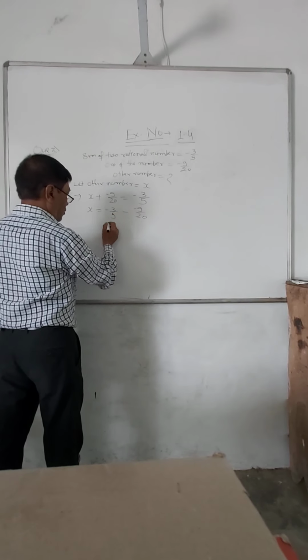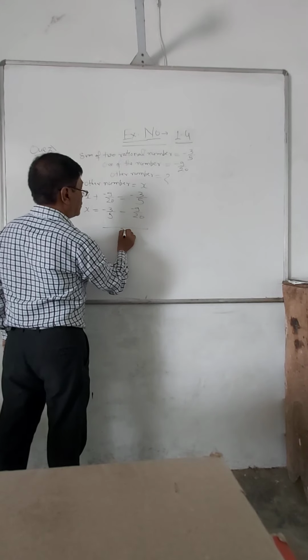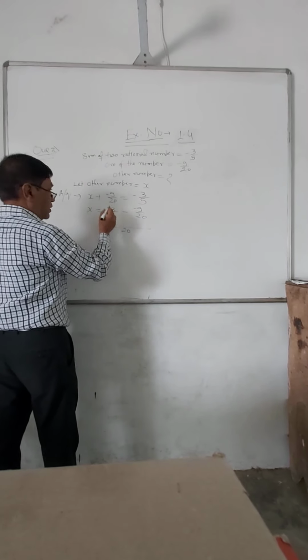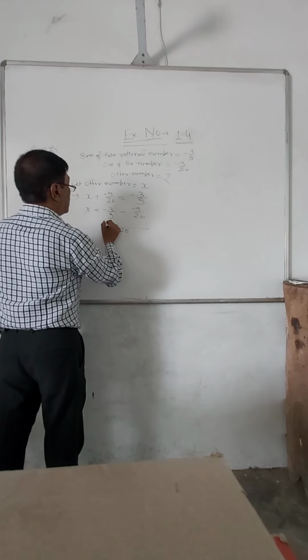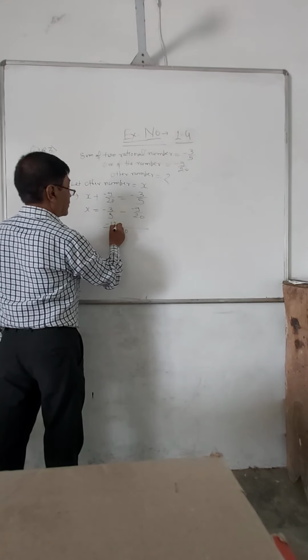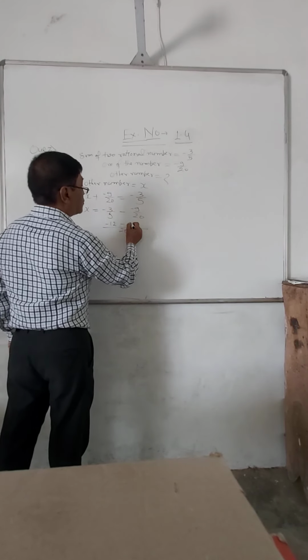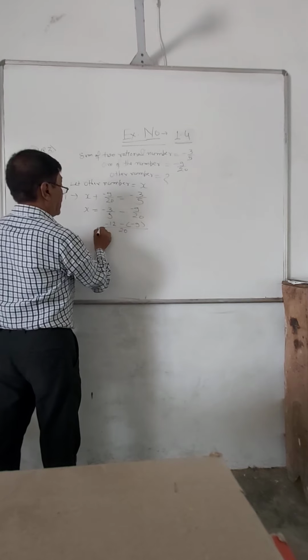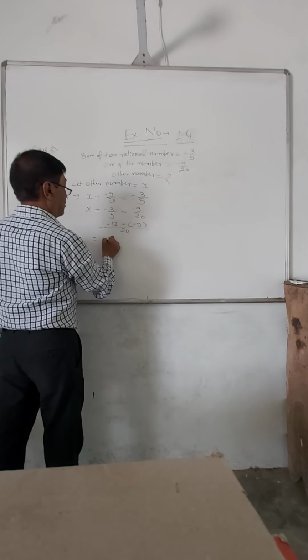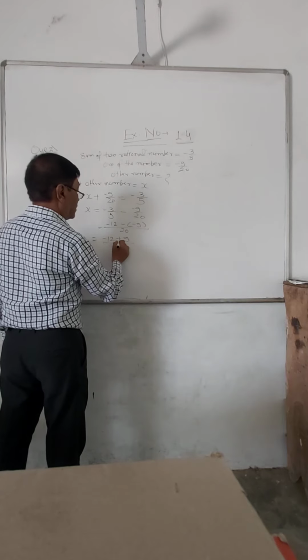So take the LCM of 5 and 20. 5 times 4 gets 20. 4 into minus 3 is minus 12. Minus, now 1 times 20, so here it is minus 9. Again solve this one: minus 12, open the bracket, plus 9 upon 20.